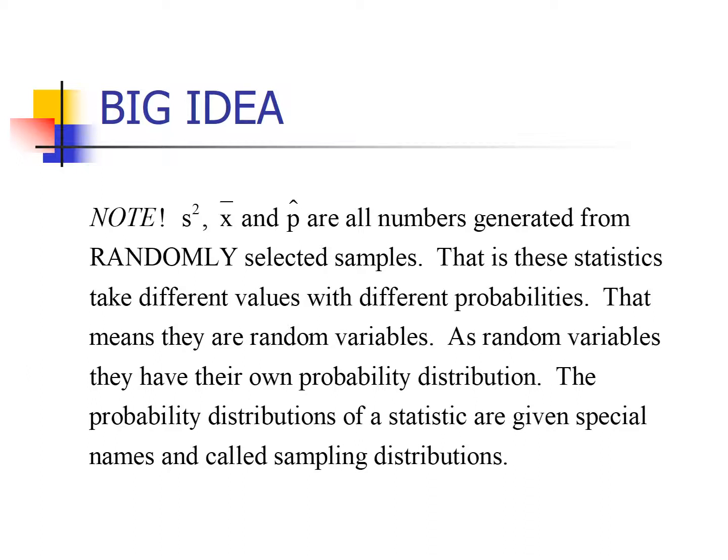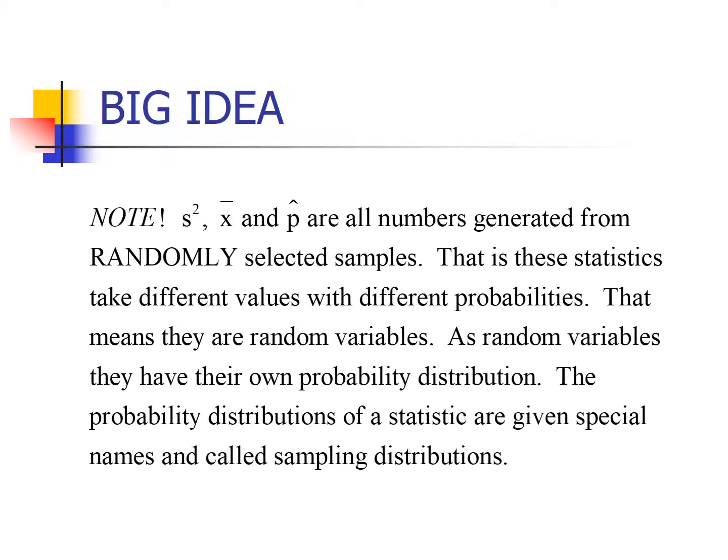Because they're generated from randomly selected samples, what does that imply? It implies that these statistics, say the sample mean for instance, take different values with different probabilities. Say I'm interested in the average height of all Westchester students. And we have some 8-foot tall student, Bob, who happens to go to Westchester University.